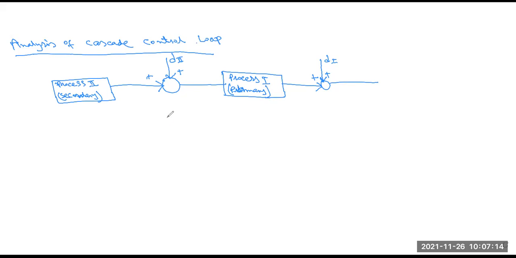In that case, no feedback loop is attached to either process, process 1 or process 2. So this cascade system is also working in the open loop control system.